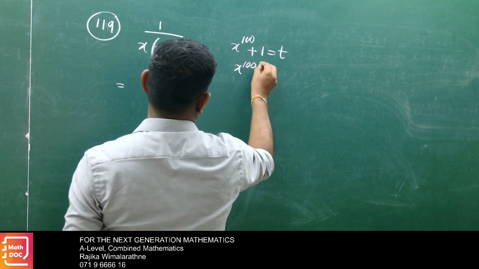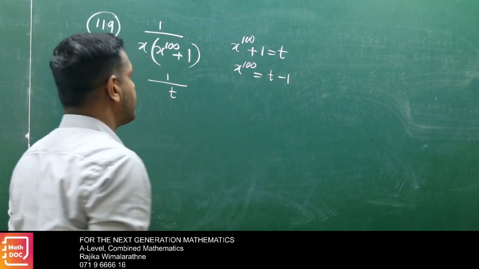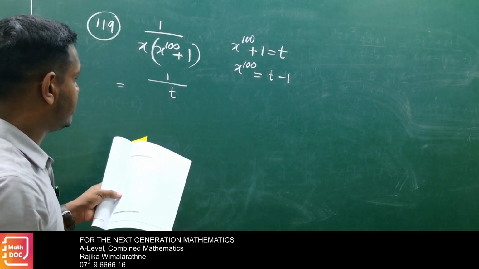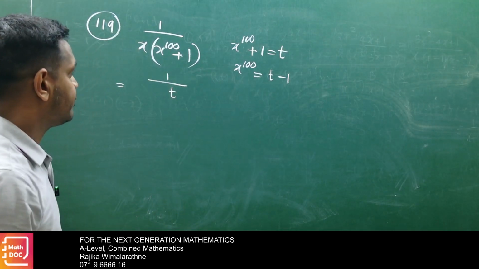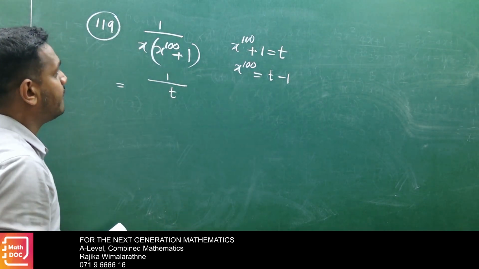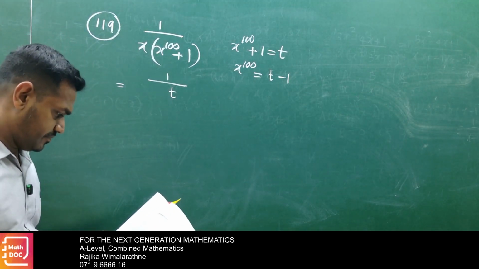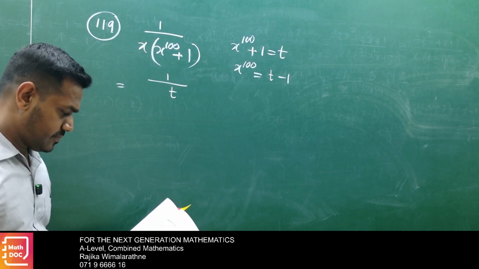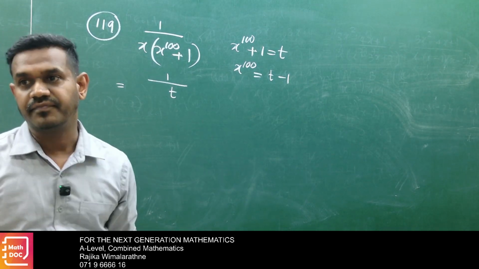Then x to the power 100 is t minus 1. Okay, try now. Try.